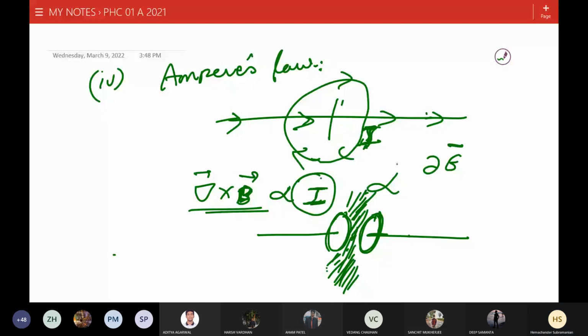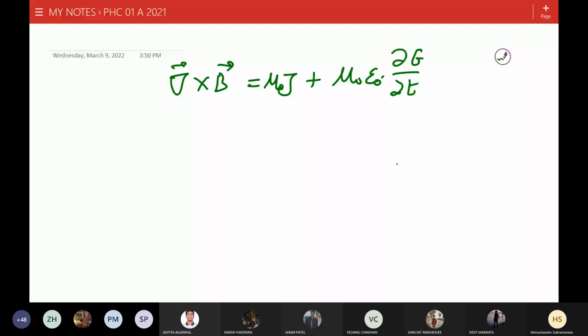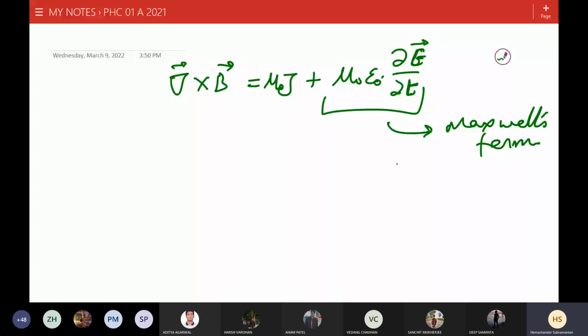So it is not just the current, but it is also proportional to the changing electric field. So we're going to write Ampere's law as curl of B equals mu naught J plus mu naught epsilon naught dE/dt. This term is introduced by Maxwell. This is Maxwell's term. Before Maxwell, nobody knew this.